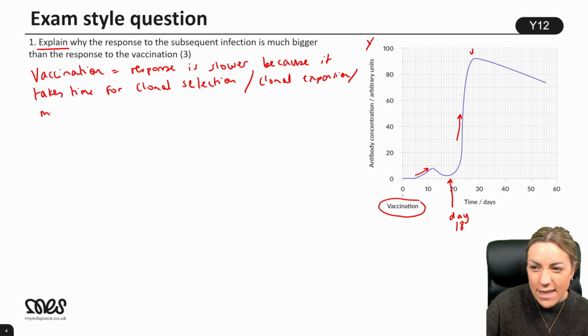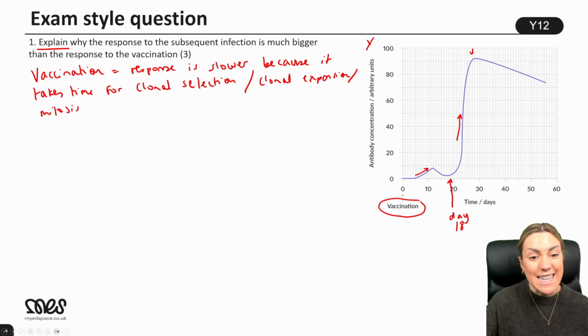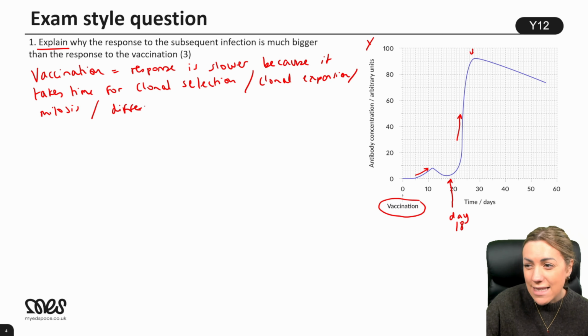Or we could say mitosis, because remember we need the correct B lymphocyte to be stimulated, and then we need that B lymphocyte to undergo clonal expansion or clone itself by mitosis. So it takes time for all of these things, clonal selection or clonal expansion or mitosis, or you could even say it takes time for differentiation, for that B lymphocyte to actually differentiate into plasma cells.